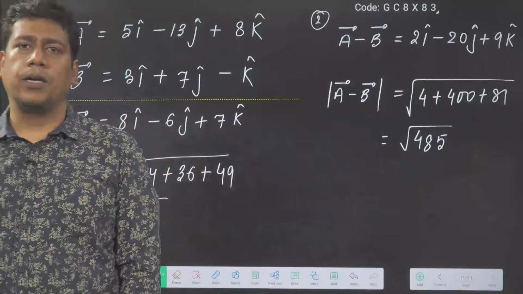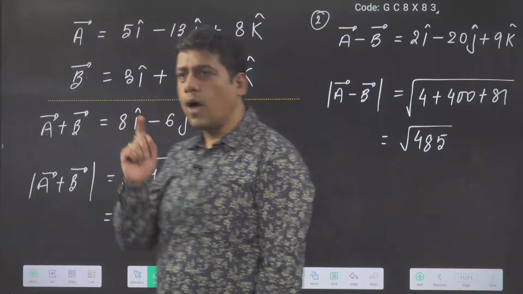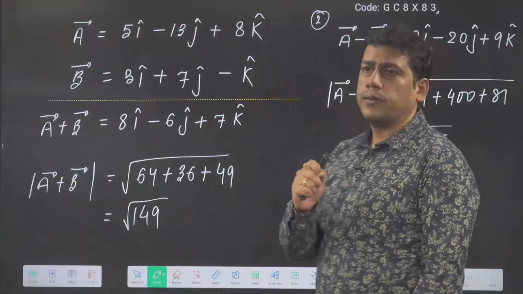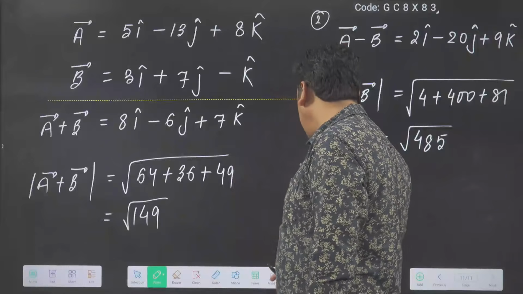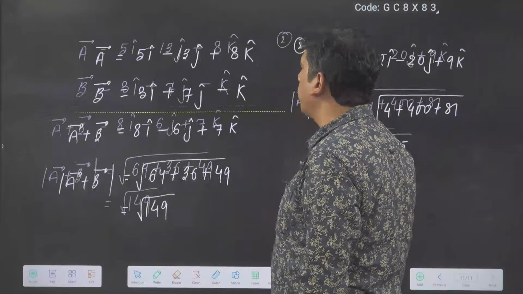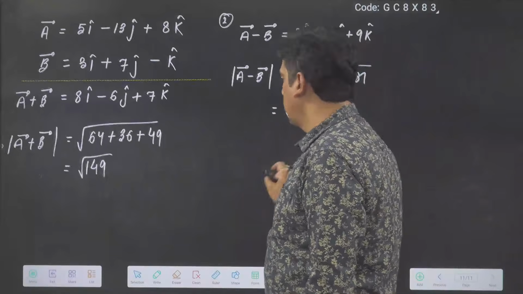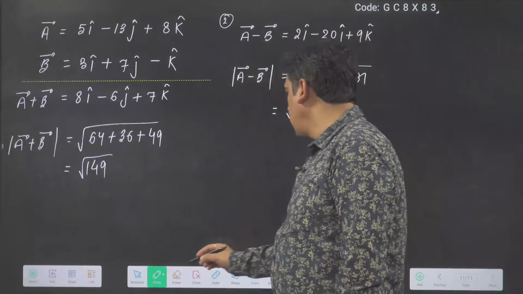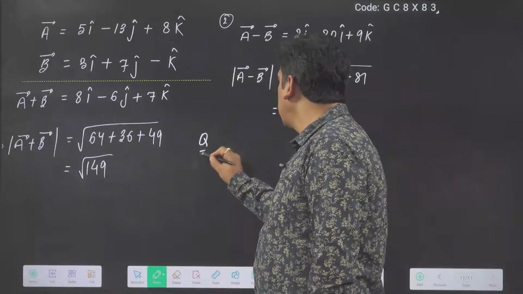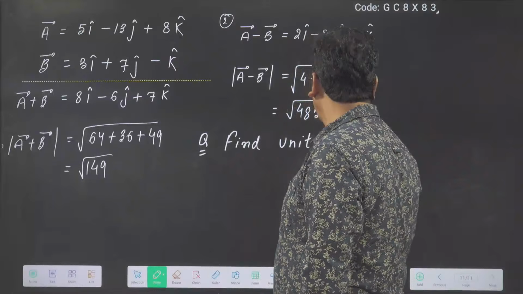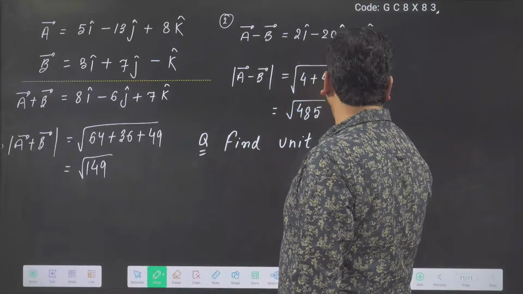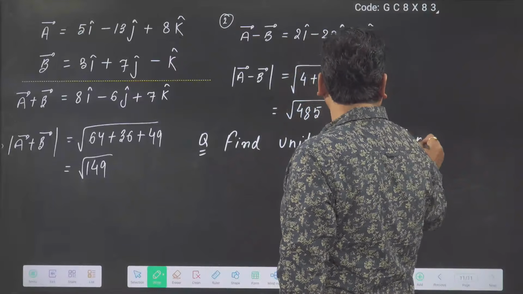Now see what I'm doing here. What question did I want to ask? The tough question. A vector, B vector will be given. Now I'm giving you the main question. Question is, find unit vector along.